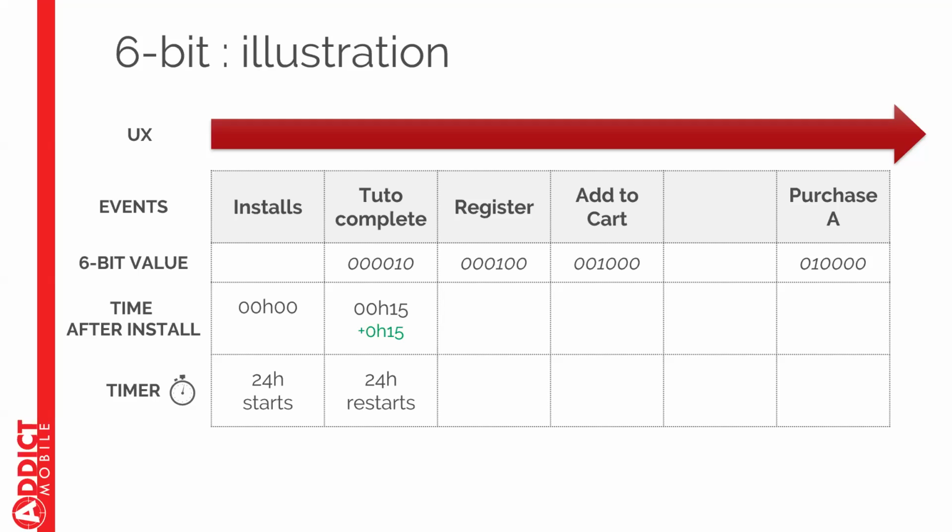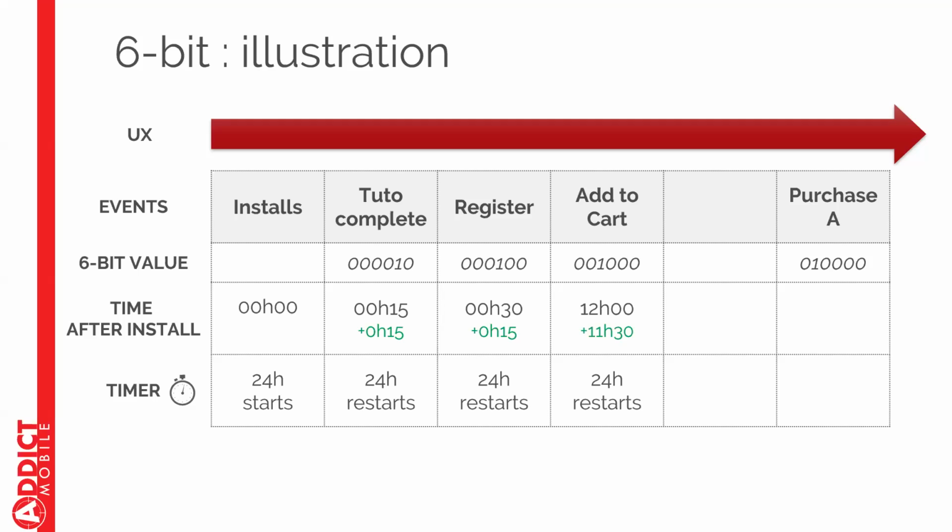I keep going in my user experience, and I do the registration 15 minutes after my tutorial completion, meaning 30 minutes after my install. It's a new event that I configured in my SKAdNetwork, so the timer will restart again because this event is higher than the previous one.